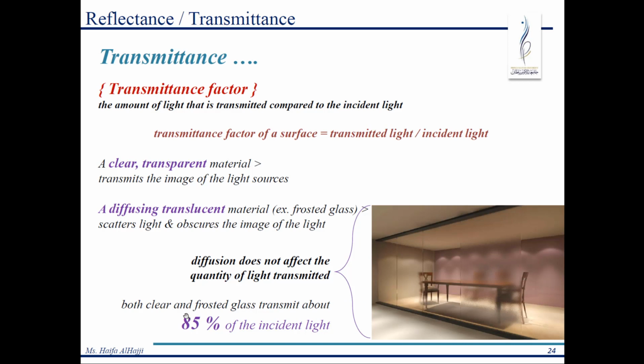They both transmit 85% of the light, which is a 0.85 transmittance factor. But the main difference is that clear glass gives a straight specular transmittance, while frosted glass scatters the transmitted light into different directions, which causes a blurred image of the original light on the other side. But at the end, the same amount of light is being transmitted, just the manner is different.